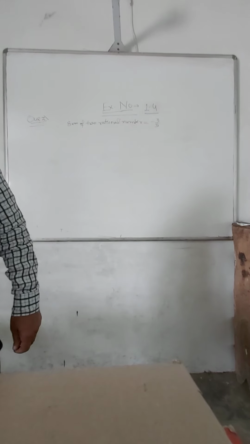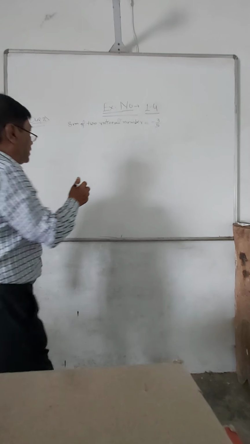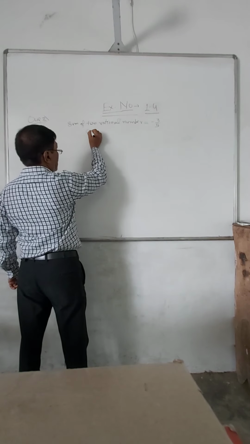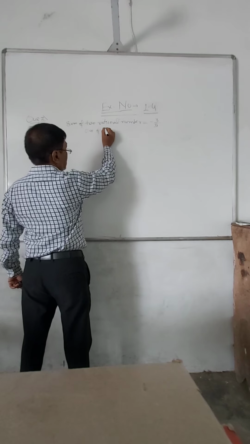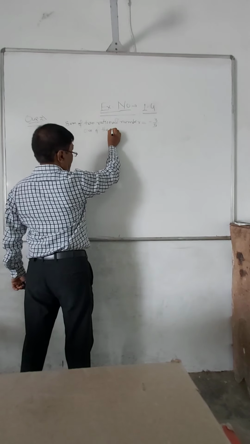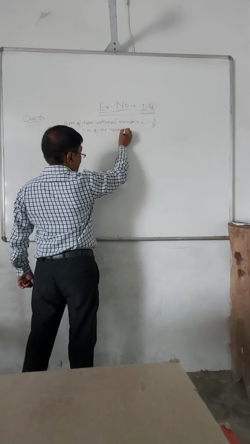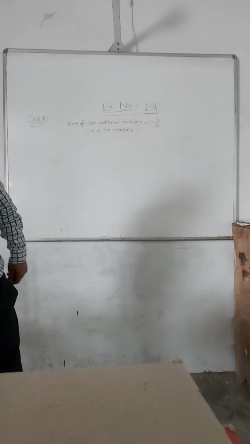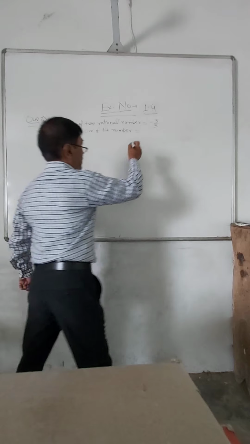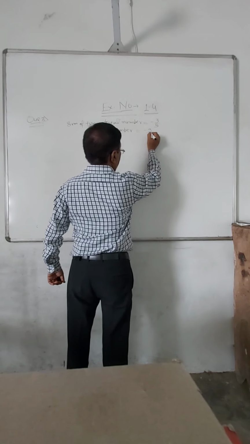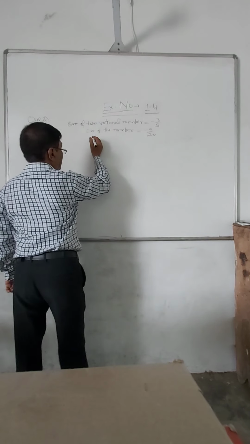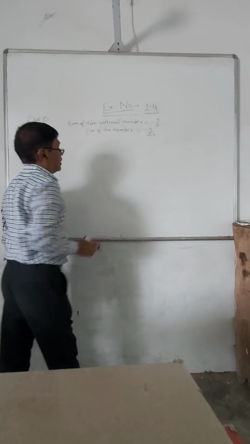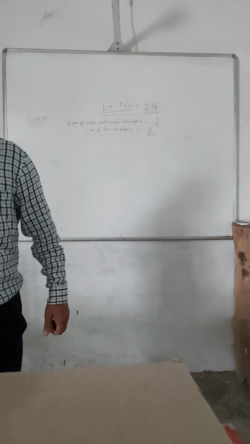If one of the numbers is minus 9 upon 20, find the other rational number.